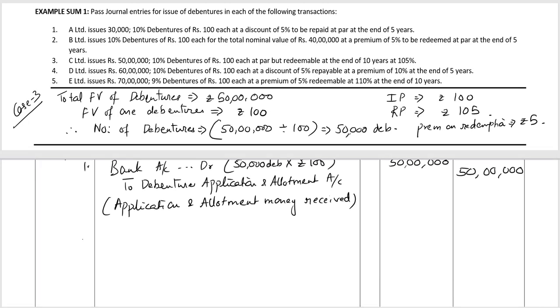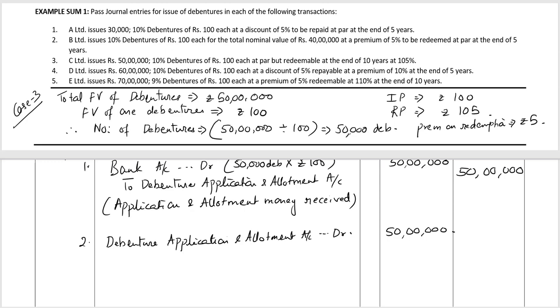The next journal entry, debenture application and allotment account debit. The amount of application money received, which is 50 lakh rupees. The debentures are redeemable at 5% premium.